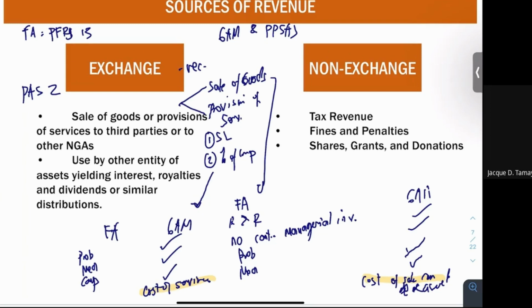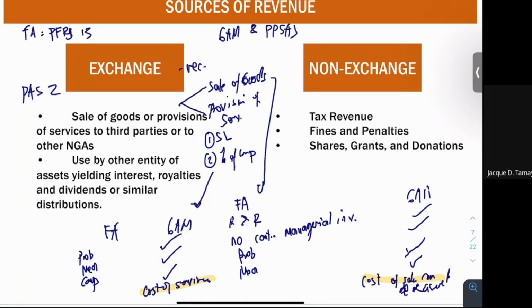So at the usage of that government asset or property, there is an interest or a royalty or a dividend. So this is again recognized as an exchange. Why is it an exchange, sir? You lend them your asset or a property and you receive in return interest, royalty, and dividend.